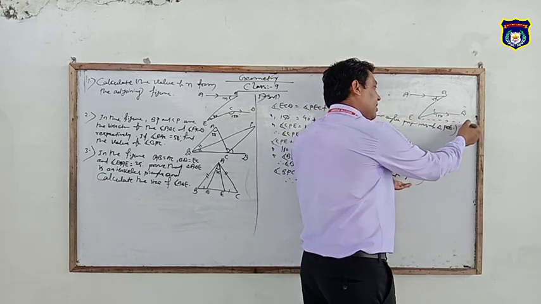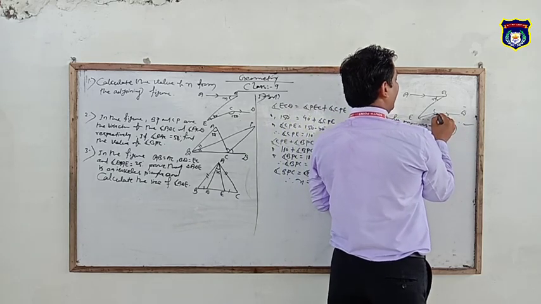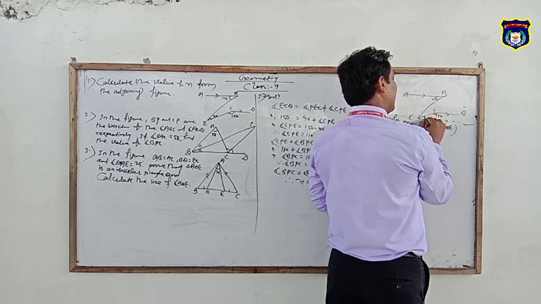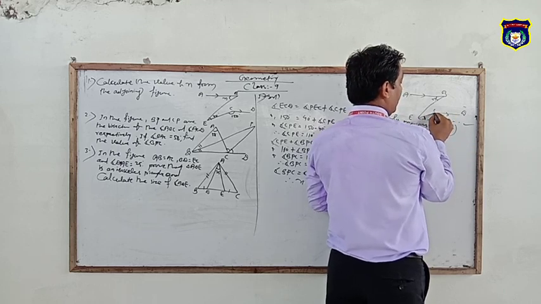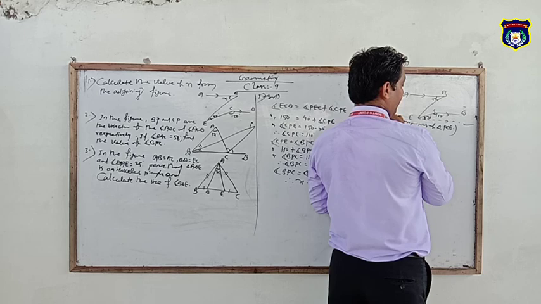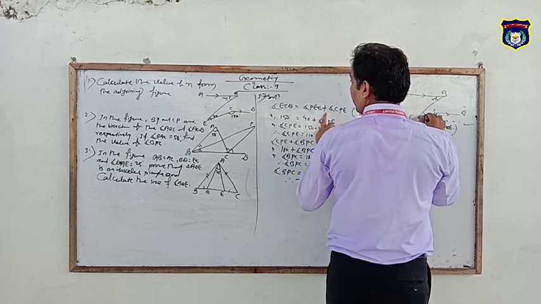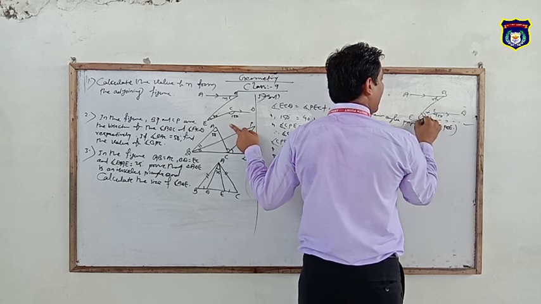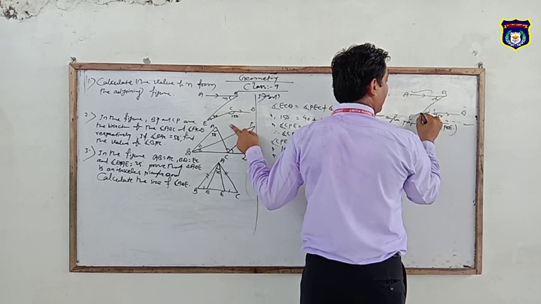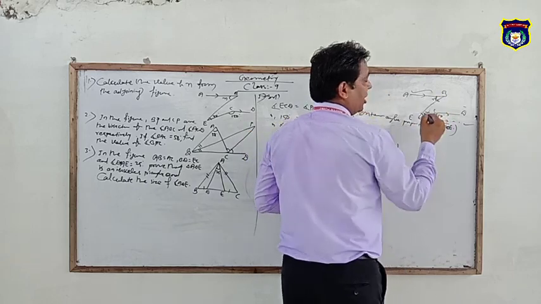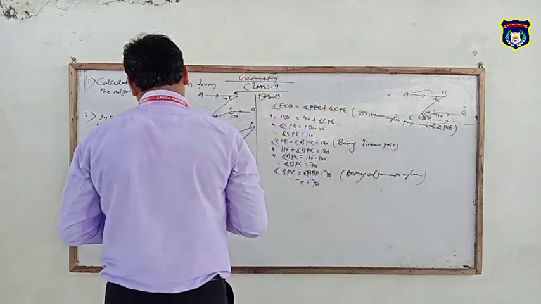This is 150 degrees, and the pair of this angle and this angle are co-interior angles. The sum of these angles is 180, that means this angle is 30 degrees. This is 40 degrees. Then the total angle is 70, and according to the parallel lines, these angles are alternate angles. So x is equal to 40 plus 30 equals 70.